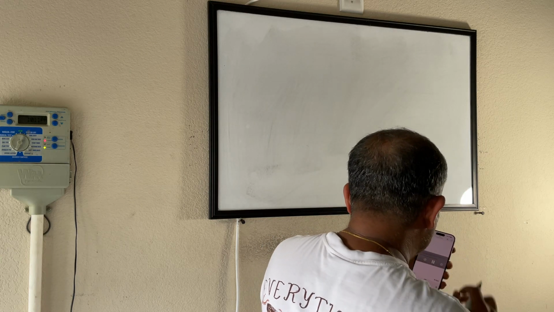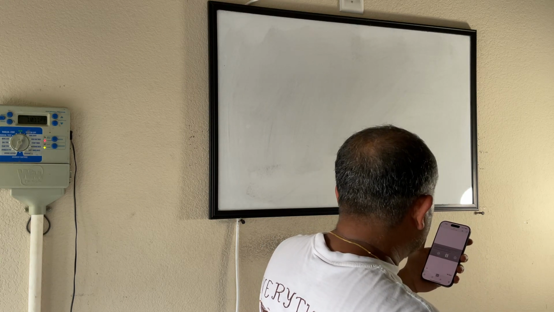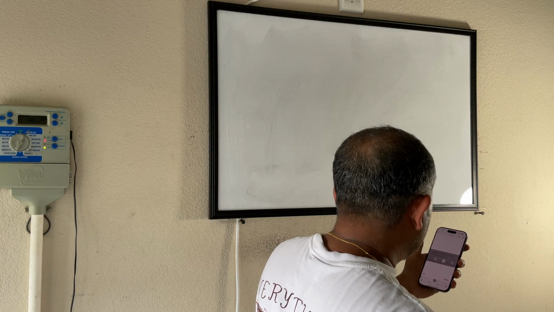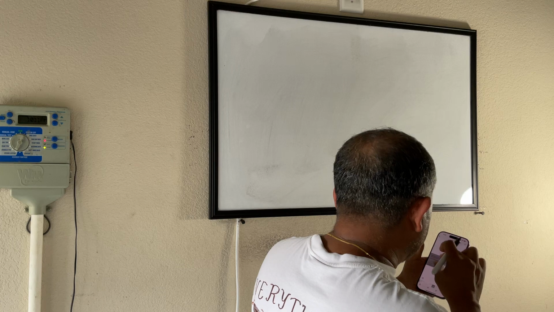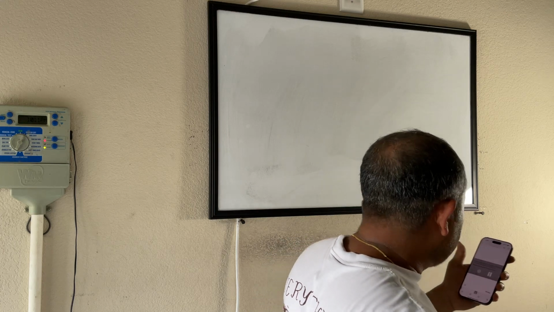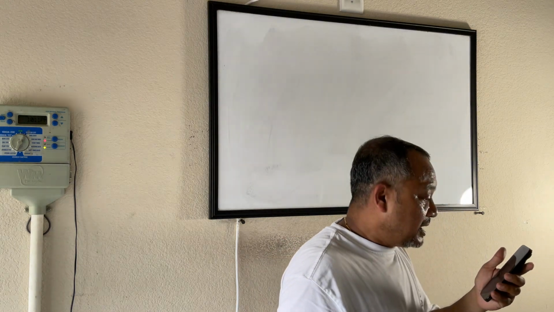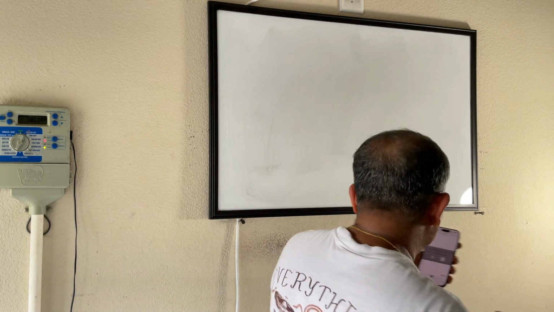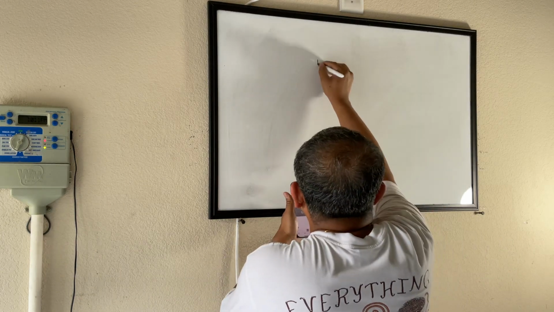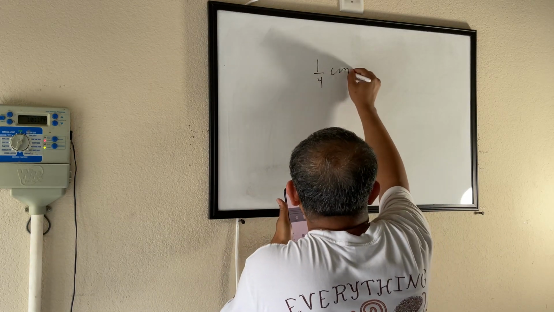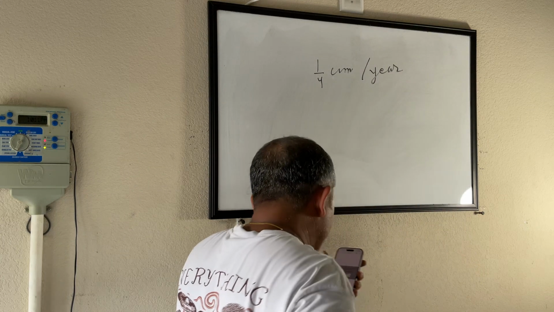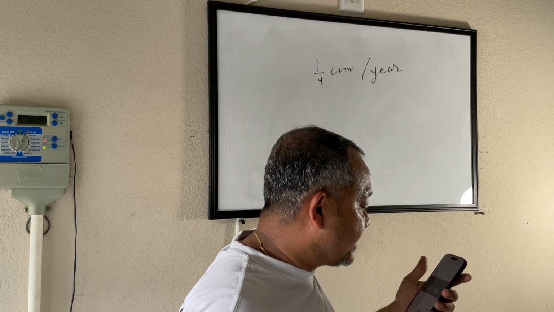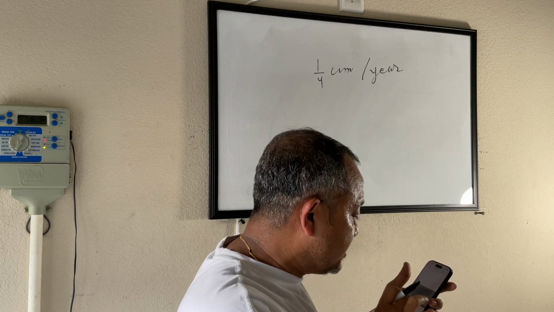This question says, Grandma Millie is shrinking. Her height decreases by 1/4 of a centimeter each year.